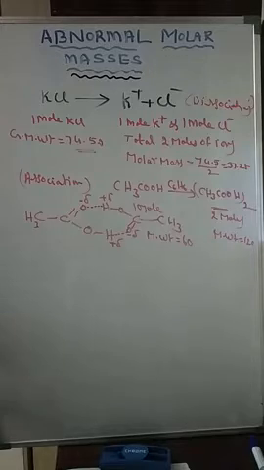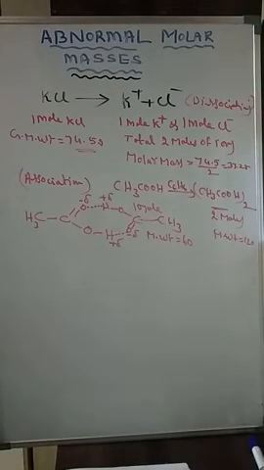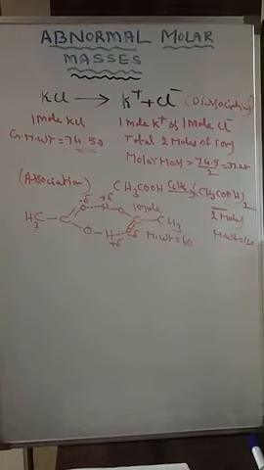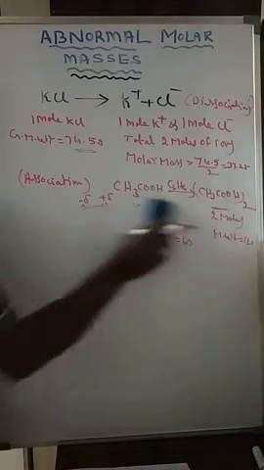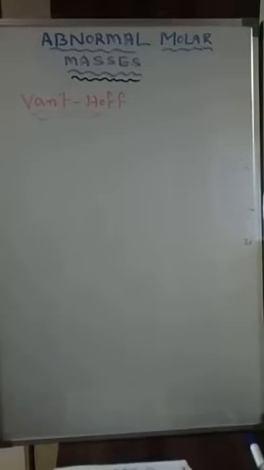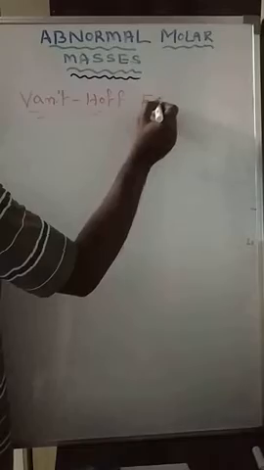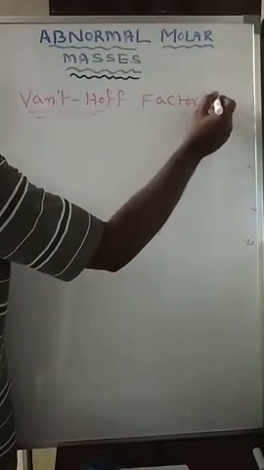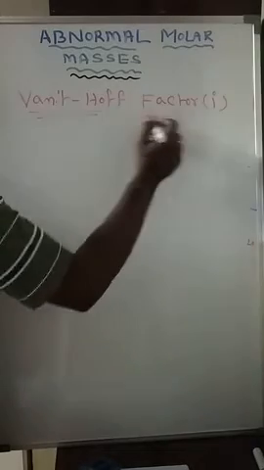Now, to avoid the abnormal molar masses, the scientist Van 't Hoff introduced a factor called the Van 't Hoff factor. How do we avoid the abnormal molar masses? Van 't Hoff introduced a factor, the Van 't Hoff factor, defined by the symbol i.